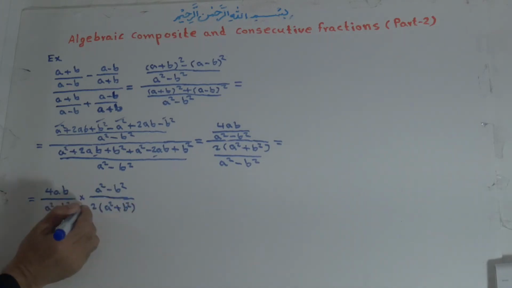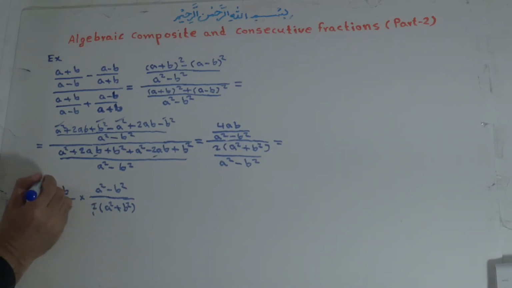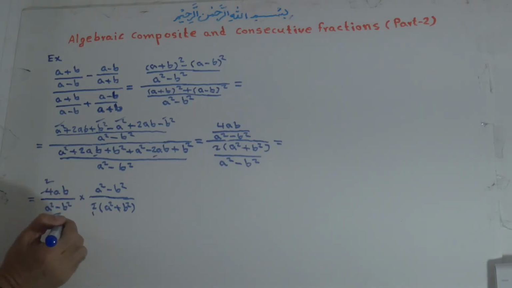Here 1 2, 2 2 4, and a to the power of 2 minus b to the power of 2 cancel.